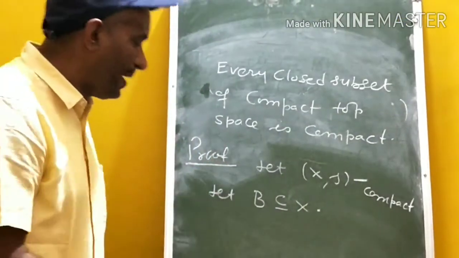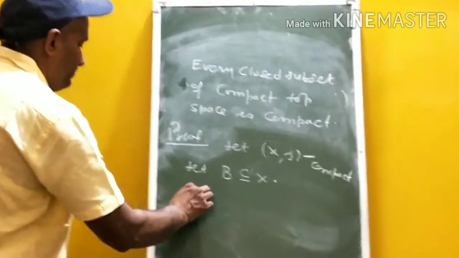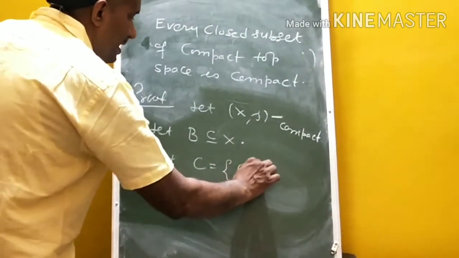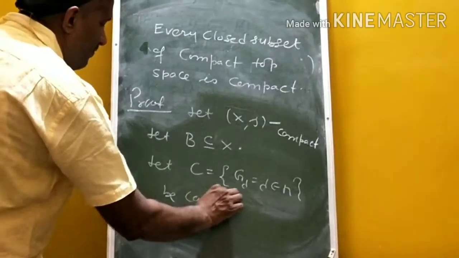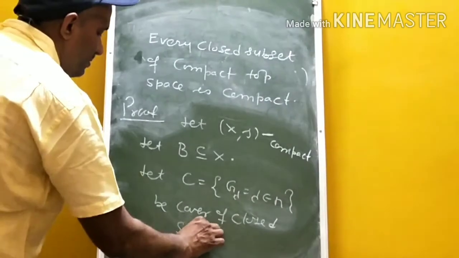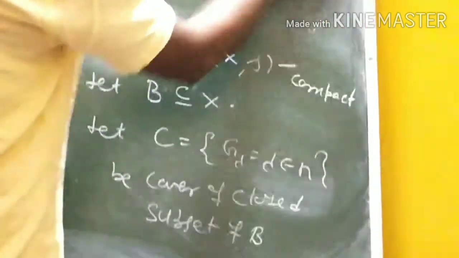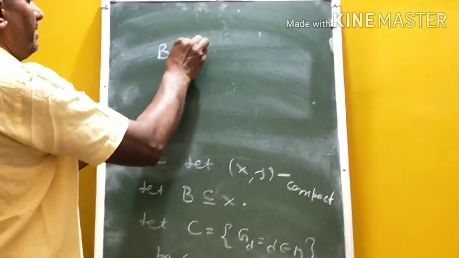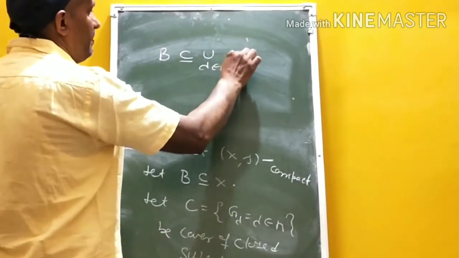To show B is compact, first we take its cover, and from that cover we draw a subcover. Let C equal G lambda, lambda belonging to gamma, be a cover of the closed subset B. So B can be written, by the definition of cover, as the union over lambda belonging to gamma of G lambda.